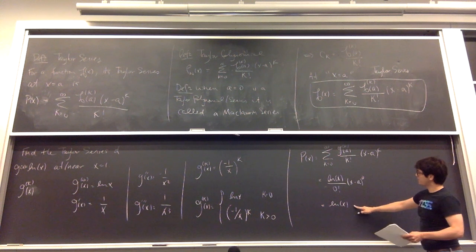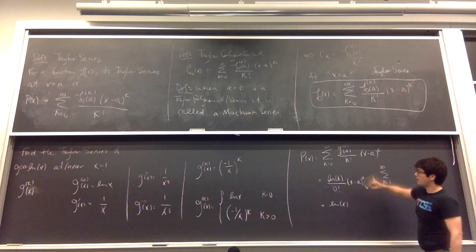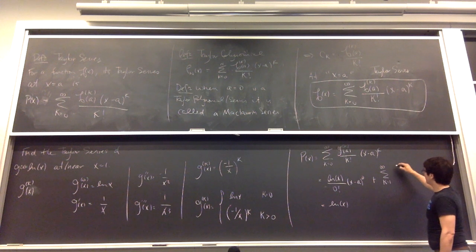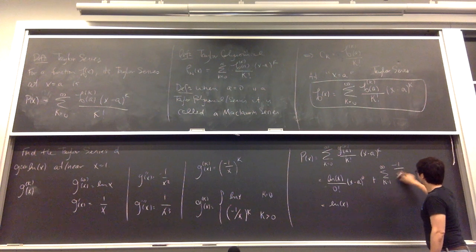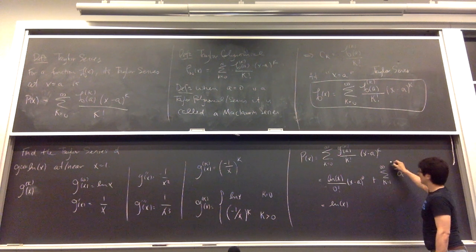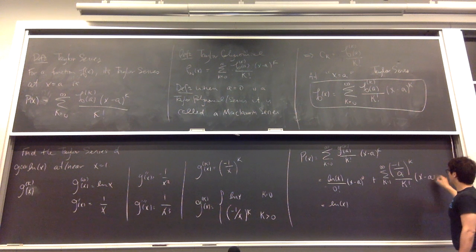Okay, so we got this, and then I just have to add the sum from 1 to infinity of what we've got now. It's going to be minus 1 over a, all of that to the k, divided by k factorial, times x minus, oh, and it's not a.